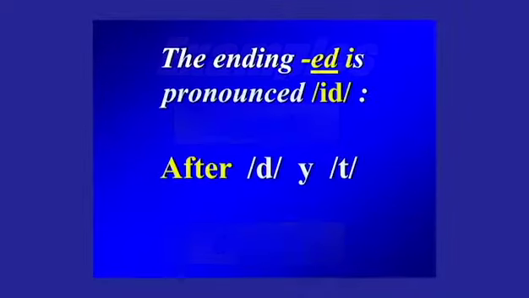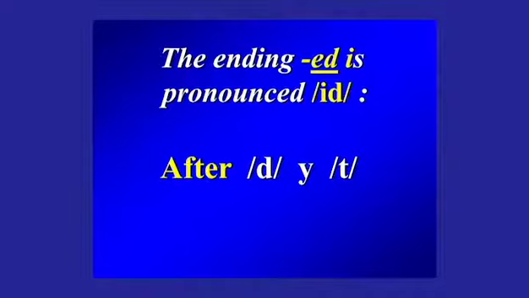Let's continue. Now what happens when the ed is pronounced id? Well, the ed is pronounced id after D or T. If you remember, in our previous explanations, we gave D and T as exceptions, okay?